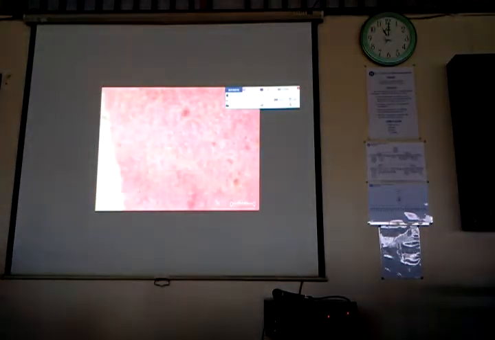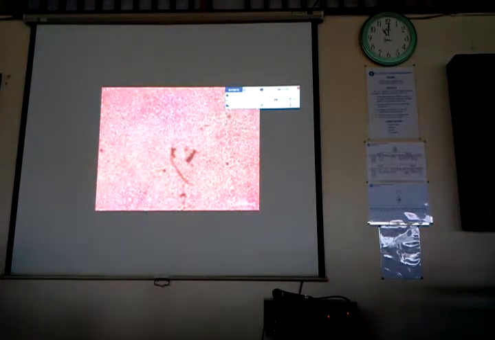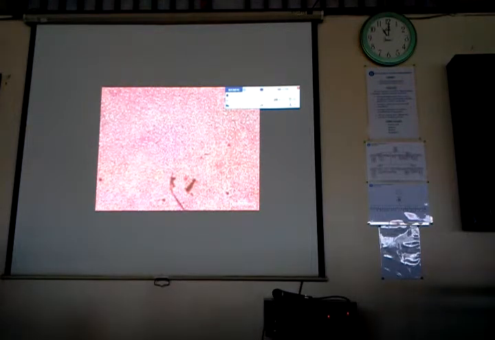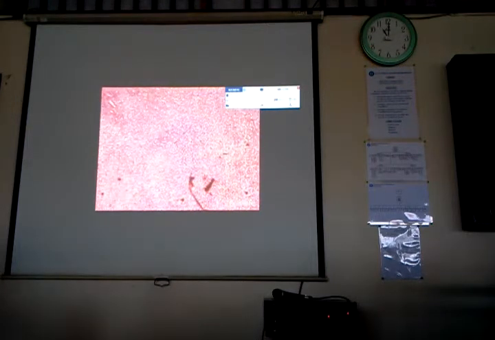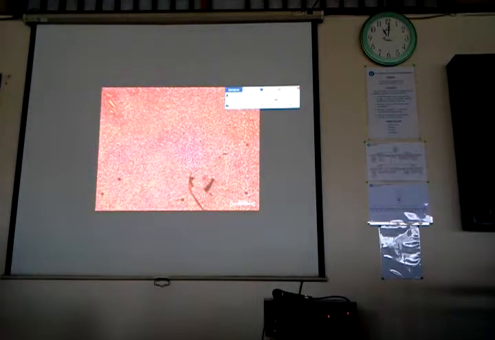Slide number 61 is passive congestion of the spleen. Which develops most likely in association with left-sided or right-sided heart failure? Right-sided heart failure.